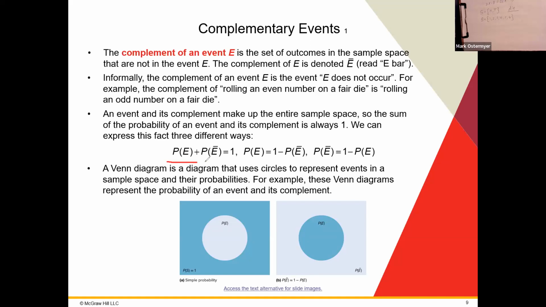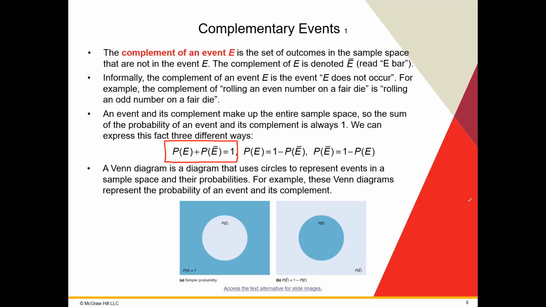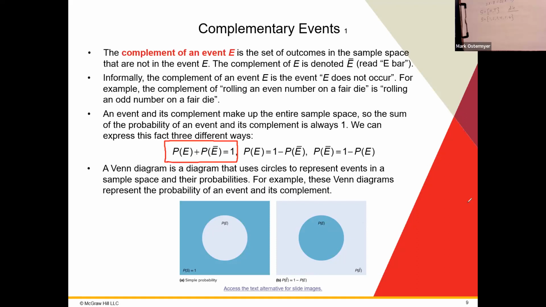The probability of some event E occurring plus the probability of the complementary event to event E occurring is always equal to 1. Right? In other words, if I define event E to be that a light bulb is off, then what would be the complementary event? The light bulb's on. Light bulb is on, correct? All right.